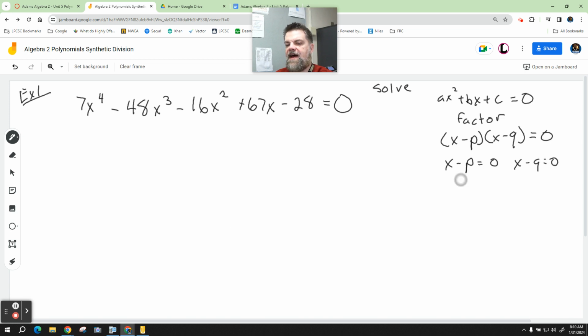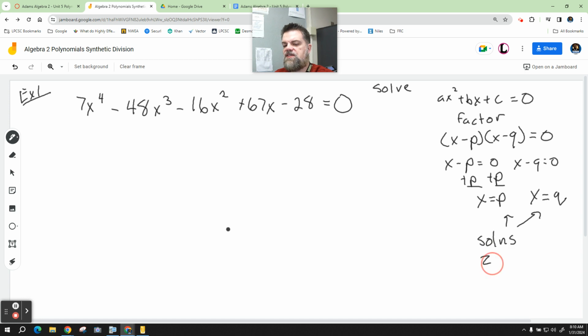And then you add p to both sides. Do you guys remember doing that? And you get like x equals p. And if you do the same thing over here, you get x equals q, and those are your solutions. Whoops, not p, it's q. Do you guys remember doing that? And we said that those are the solutions, right?